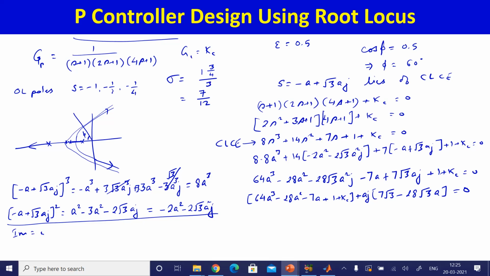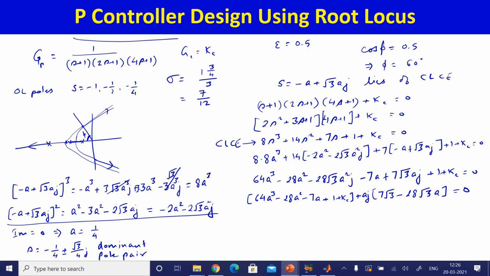Imaginary part equal to 0 implies a is equal to 7 by 28, that is actually 1 by 4. So this particular root that has an angle 60 degrees is actually s equal to minus 1 by 4 plus or minus square root 3 by 4 j. This is the dominant pole pair.